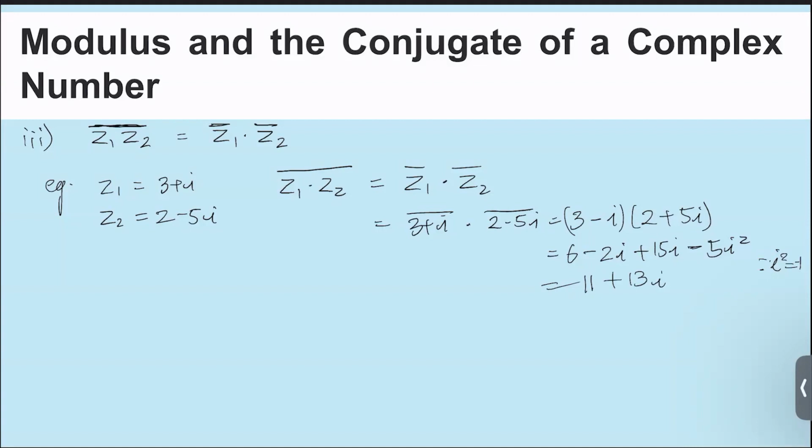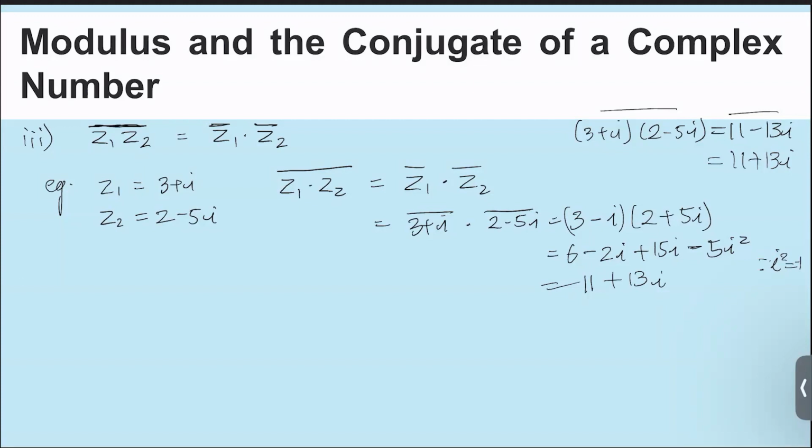Remember, before when we had found the product of 3 plus i and 2 minus 5i, we had found it as 11 minus 13i. So you can see if we get the conjugate of this, it also turns out to be 11 plus 13i. So you can see that this again is similar.